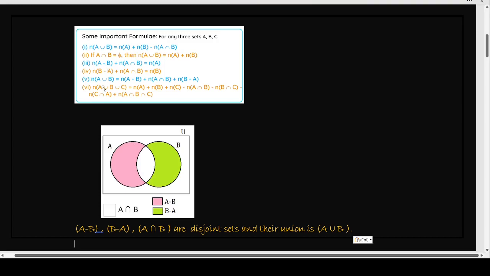Third, n(A minus B). See, what is this A minus B? This piece is n(A minus B) plus n(A intersection B), the white shaded portion.